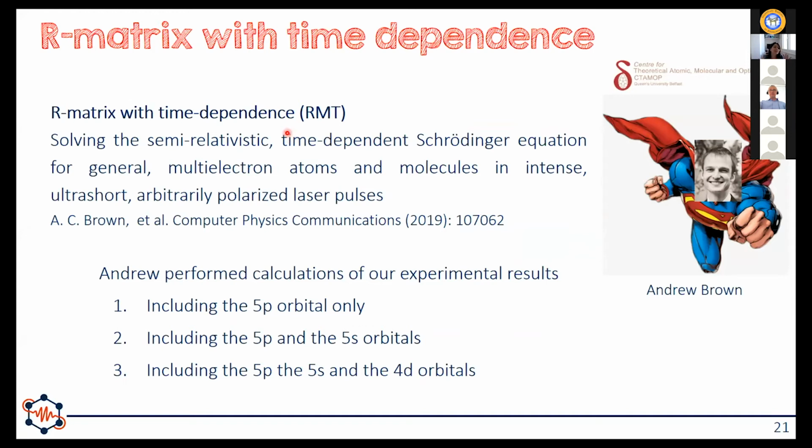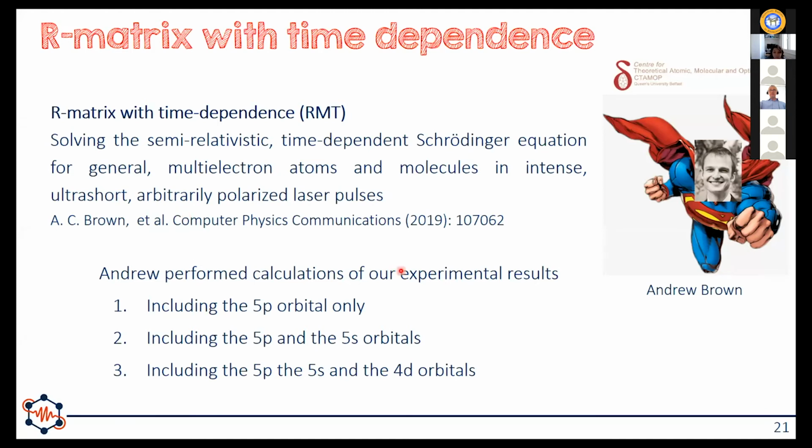So basically, for me, this is a kind of black box, but it's solving the semi-relativistic time-dependent Schrödinger equation for general multi-electron atoms and molecules in intense, ultra-short, and arbitrarily polarized laser pulses. I guess this is probably the title of this paper. And so we asked Andrew to perform the calculation in our experimental conditions, which is also challenging because we are dealing with mid-IR pulses, long wavelengths, so long excursion time of the electron.